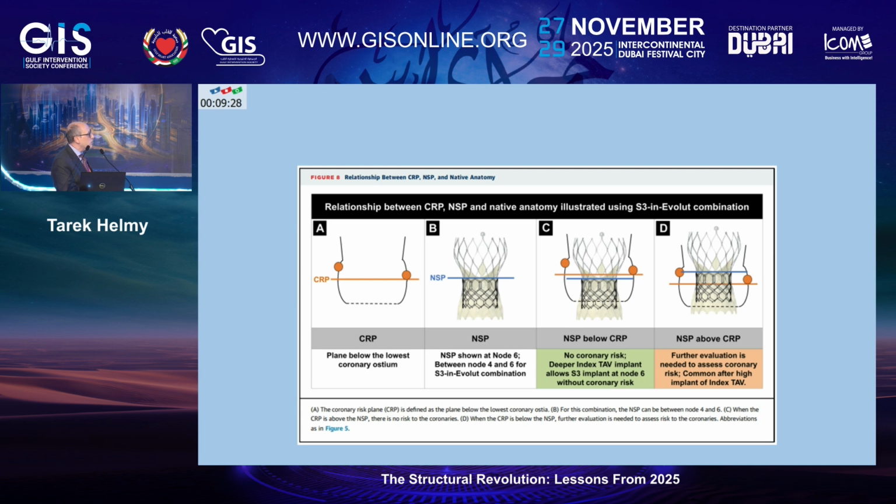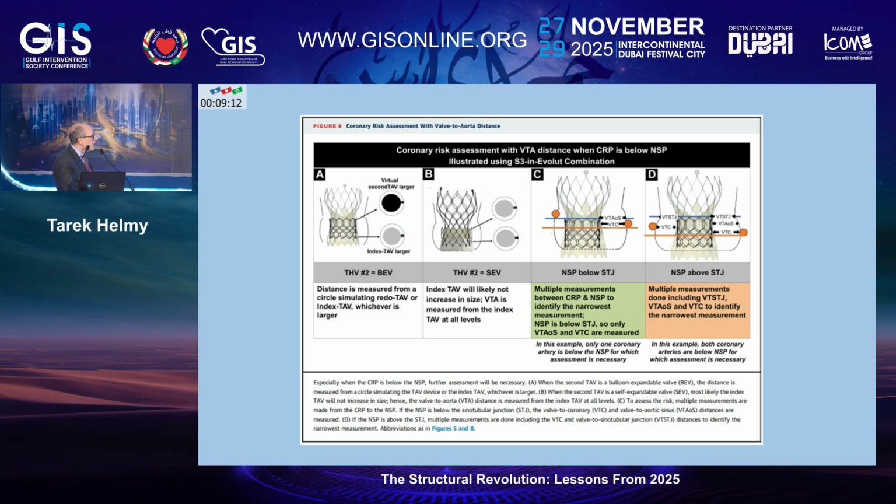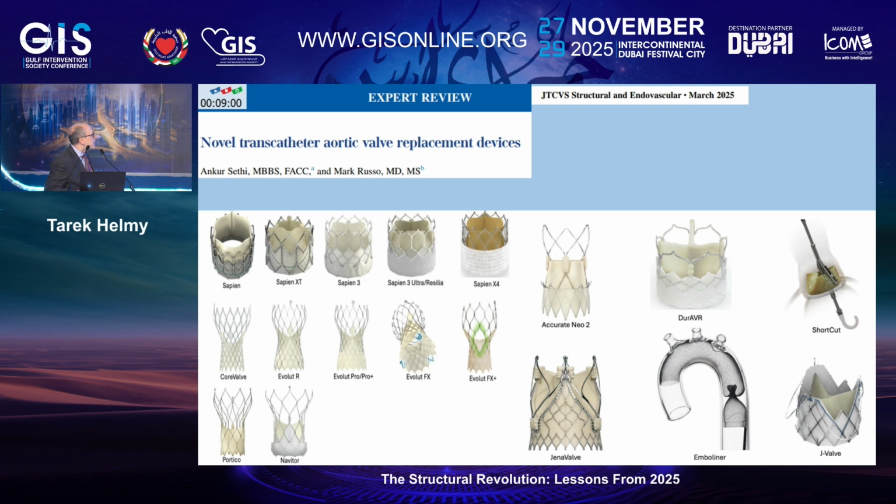The neo-skirt is where the two sets of leaflets are continuous and they form a long skirt that may actually be higher than your coronary risk plane, and then you risk coronary occlusion or decreased access to the coronaries in the future. It helps that you have a wider coronary sinus, and you have to look at your valve to coronary distance and valve to aorta distance. All these are factors to consider when you are doing TAV in TAV.